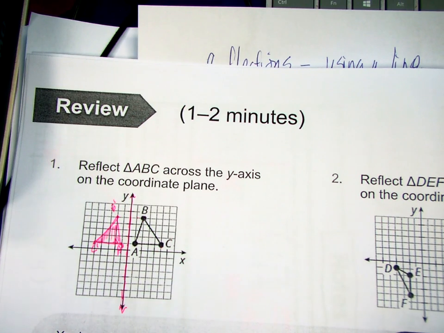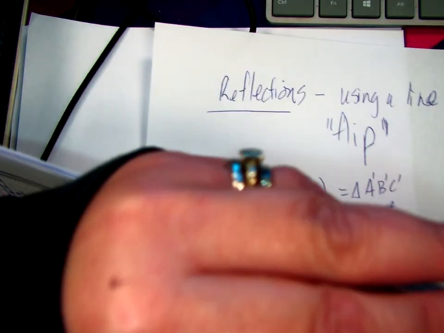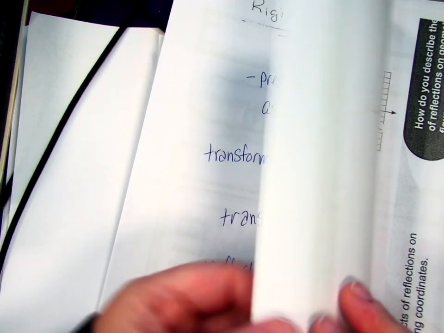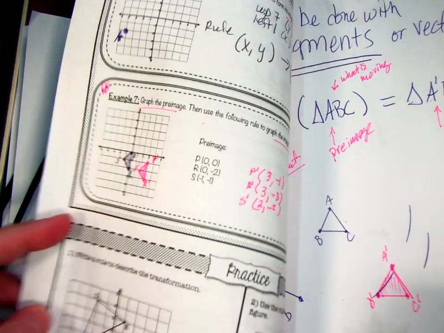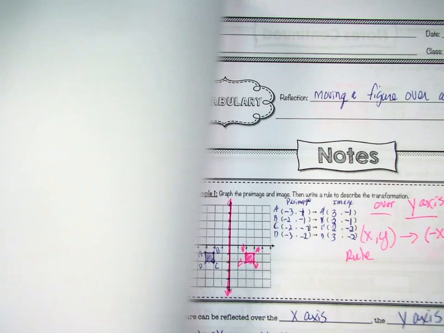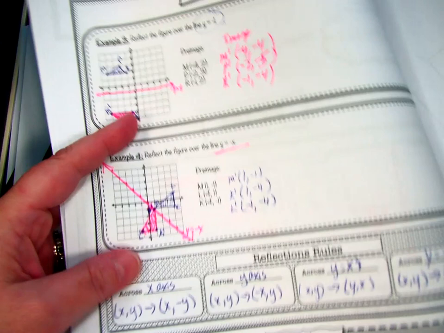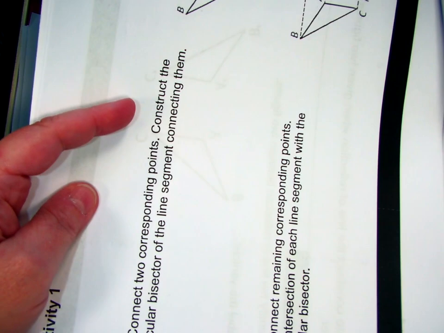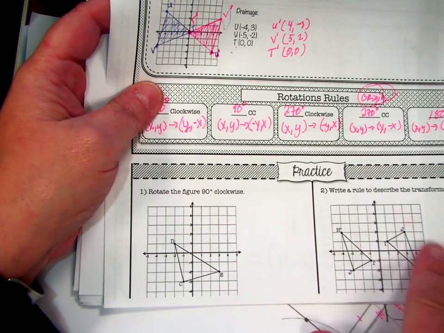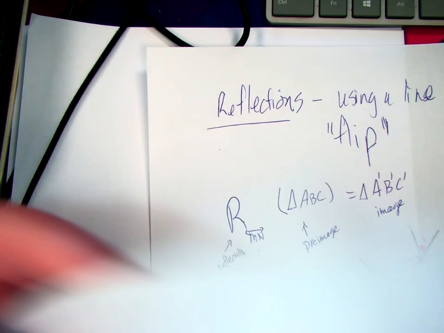All right, so quick and easy, your assignment is to finish the rest of the problems, which would be on the back of the translation page, these problems down here at the bottom, then these problems at the back of the reflection page, and then the back of the rotation page, these right here. So you have 6 problems to do.